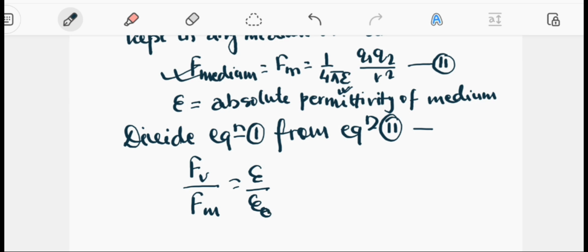Now this ratio of absolute permittivity of medium to absolute permittivity of vacuum is known as relative permittivity, epsilon R. We also denote it as K in some instances. Let us consider this is equation 3.